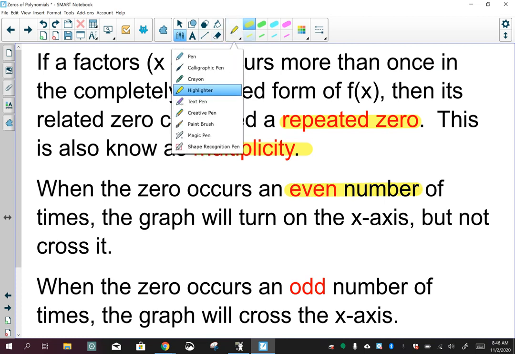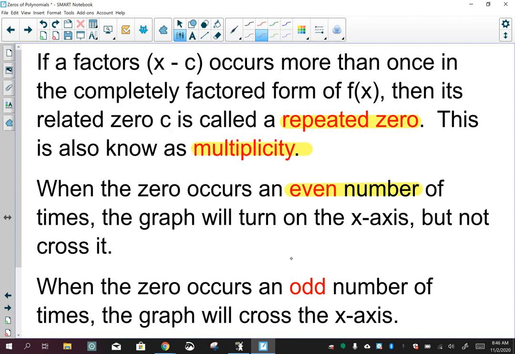So what that is saying is this here. You've got a graph that comes up and touches, and then it goes back and does something else. This right here, that's that 0. So if it's even, it comes up, it touches, and then it turns. It never crosses the x-axis; it only touches.